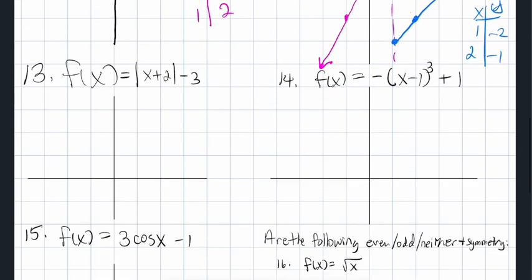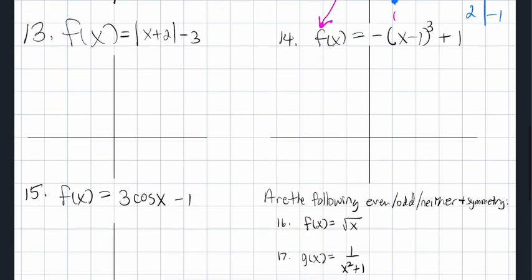You are going to have to graph an absolute value function like we see for 13. An absolute value function is that v. I have not put any kind of thing to stretch it, so it has just moved nicely. So instead of being at 0, 0, our v looks like this, it's going to move to the left 2 and down 3.